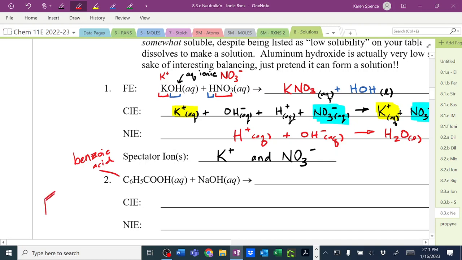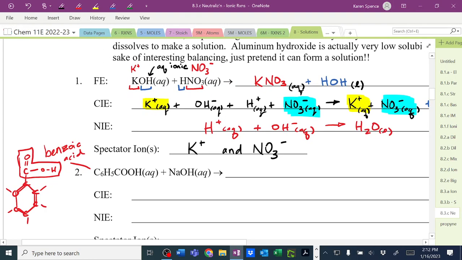We have a benzene ring with a carboxylic group, so we would have COOH. Yep, that's benzoic acid. Okay, so we have C6, 1, 2, 3, 4, 5, 6, H5, 1, 2, 3, 4, 5, and then a COOH. So C6H5COOH.